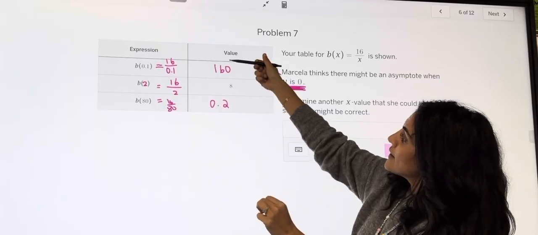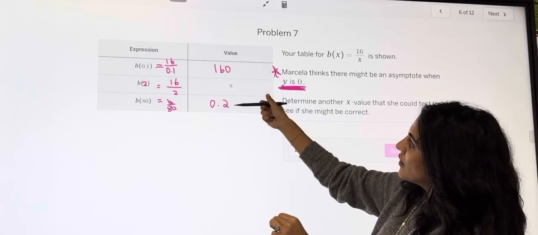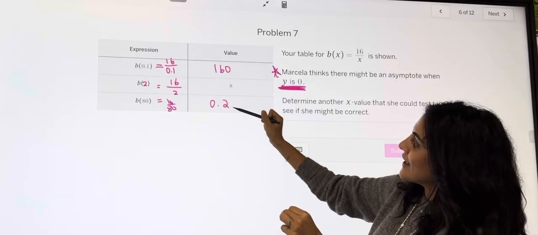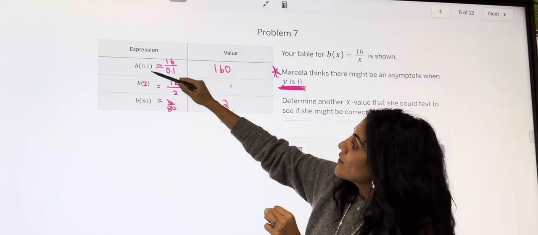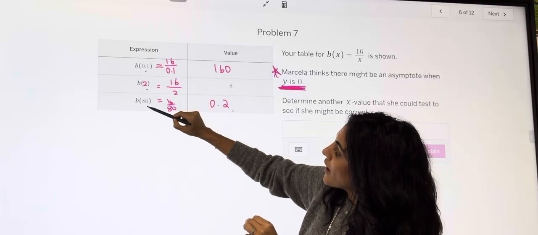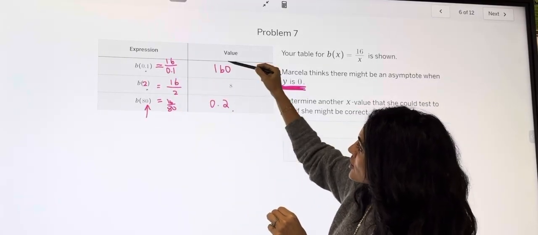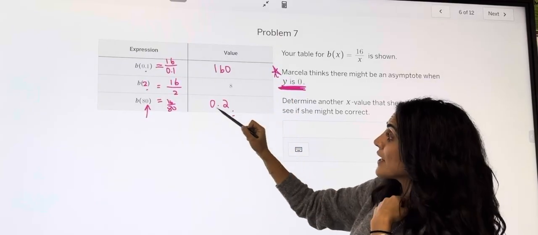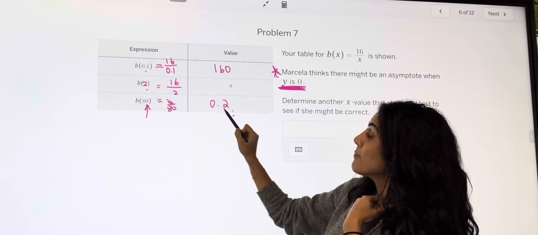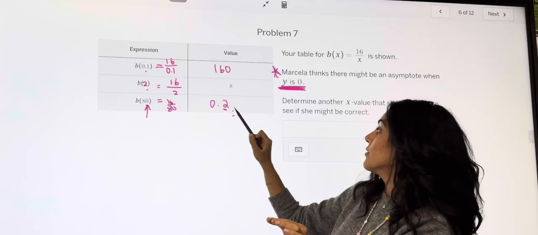So looking at this table, I started at 160, went down to 8, now I'm at 0.2. I notice that the bigger the number I plug in right here, the smaller this gets. And already at 80, I'm pretty close to y being 0, all right?